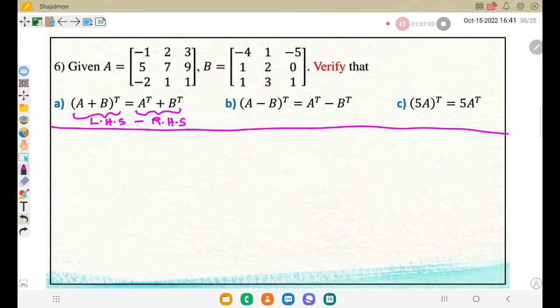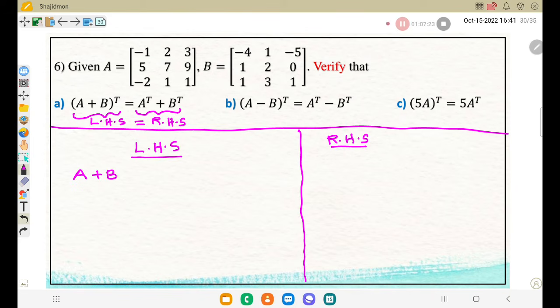So left hand side and right hand side should be same or not. That is the question here. So we will do this question. First we will do what is the left hand side we are getting. Then we check right hand side what is the answer. So check the same or not.